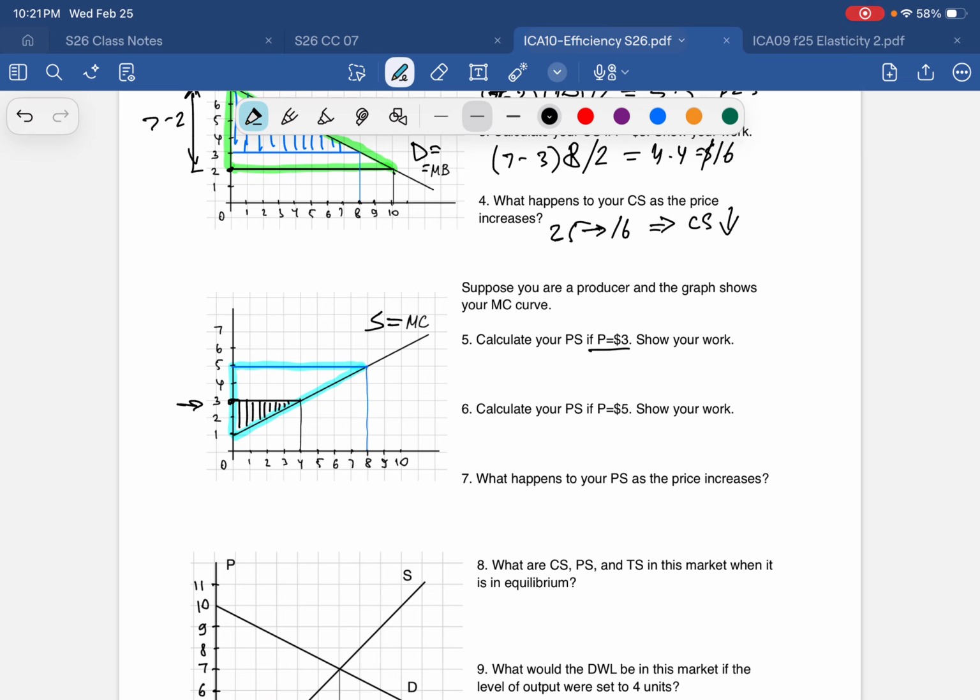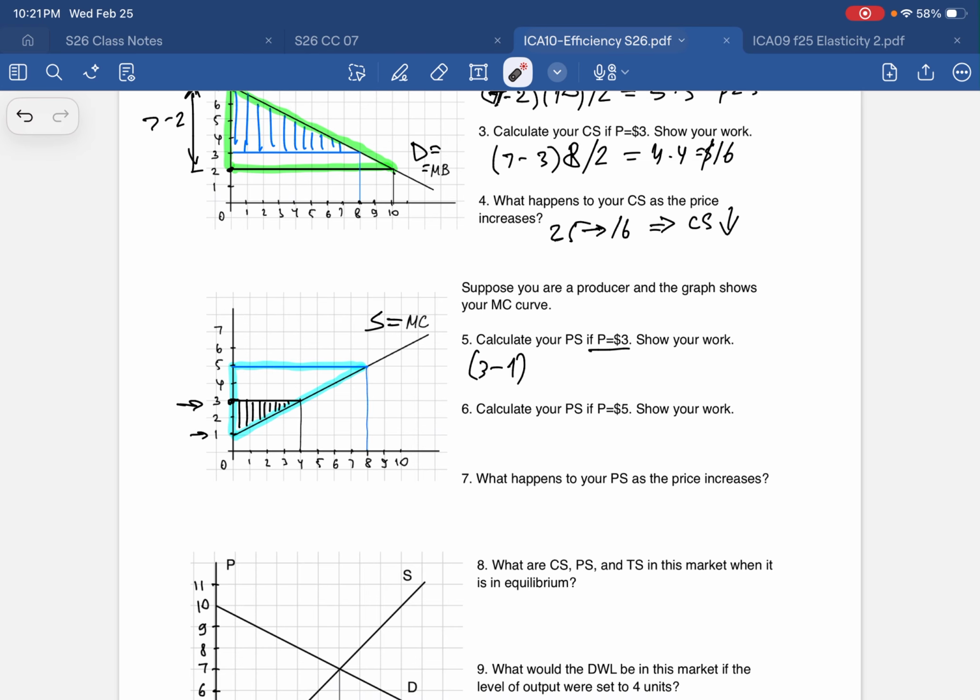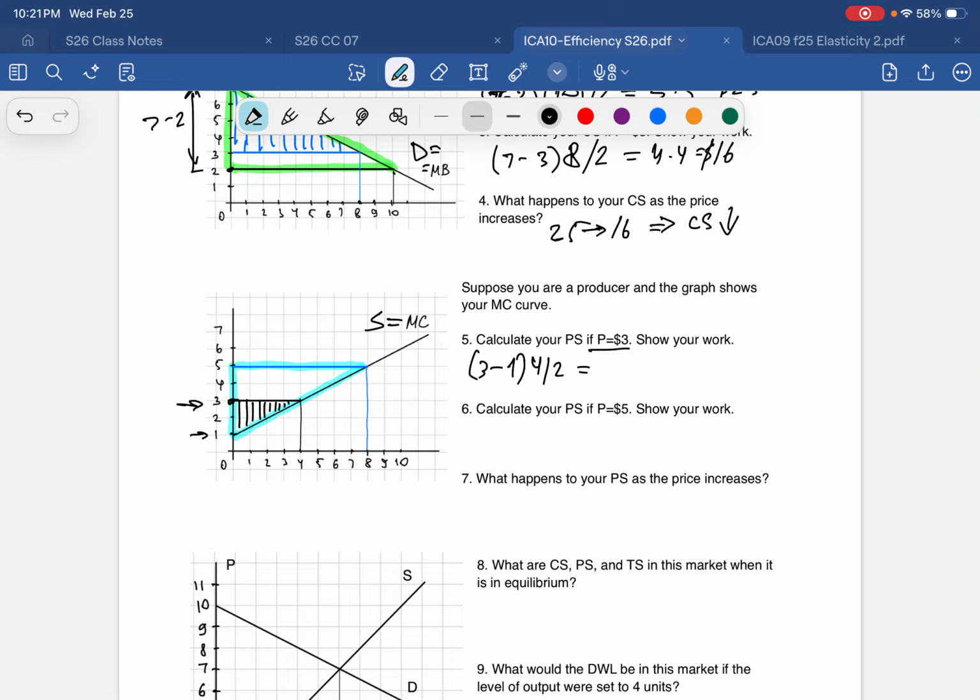So it's going to be 3 minus 1, this one, times 4, this distance, and divided by 2, so looks like it's 2 times 2, so it's $4.